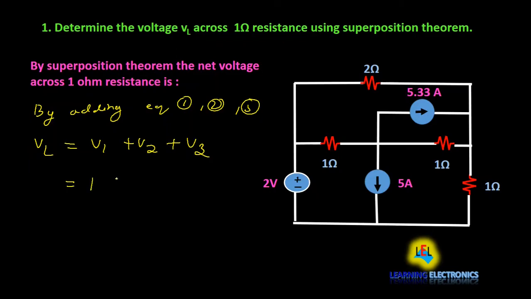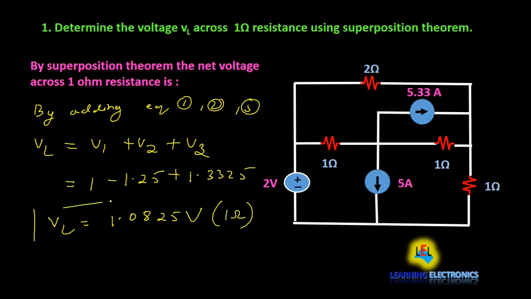V1 is equal to 1 volt, V2 is equal to minus 1.25, plus V3 is equal to 1.3325. When we add this we get VL is equal to 1.0825 volt. So this is the net voltage across 1 ohm resistance by superposition theorem.